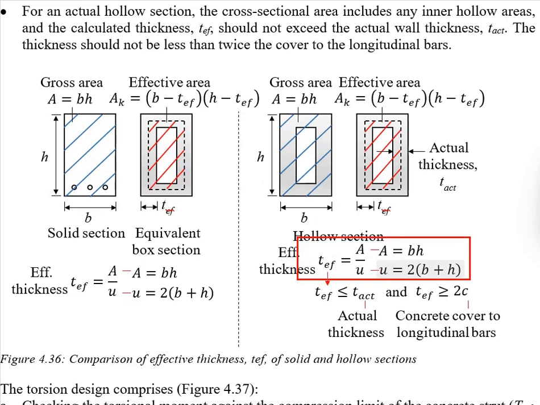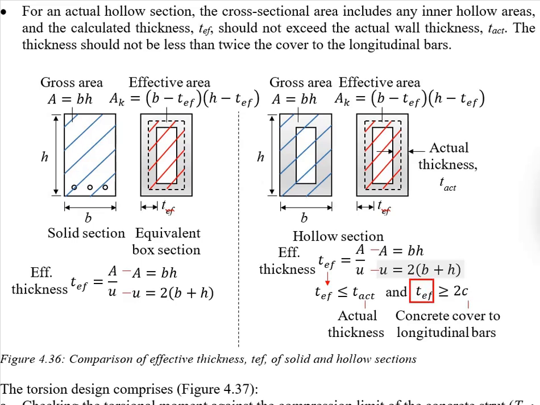From the formula here, you get the effective thickness. Check with the actual thickness. Your effective thickness cannot be greater than the actual thickness. If your actual thickness is greater than the effective thickness, you will use the effective thickness, assuming the internal part here contributes nothing to the torsional resistance.